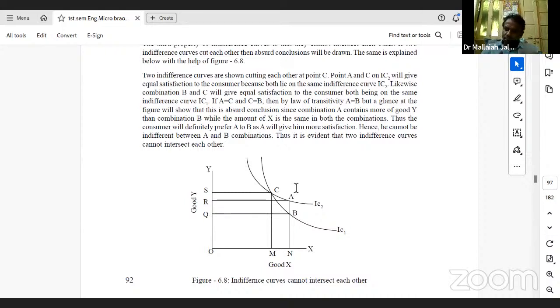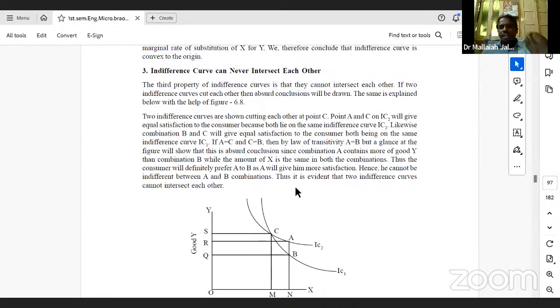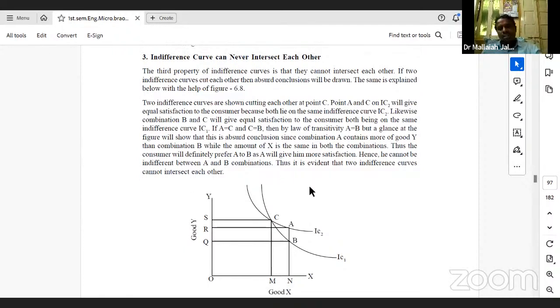As I said before, a higher indifference curve gives a higher level of satisfaction, and a lower indifference curve gives a lower level of satisfaction. That you have to remember. So these two cannot intersect each other.